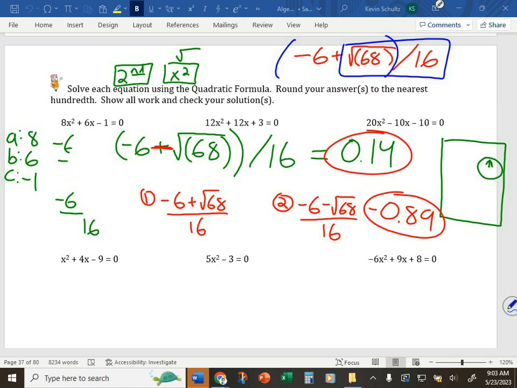Folks, we're not done yet. Stick with me here. I want you all to check our 0.14. Actually, no, check our negative 0.89 answer. In the original equation, go back to it: 8 times negative 0.89 squared plus 6 times negative 0.89 minus 1.